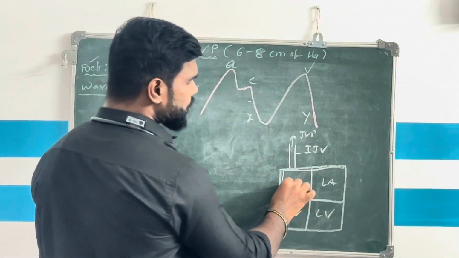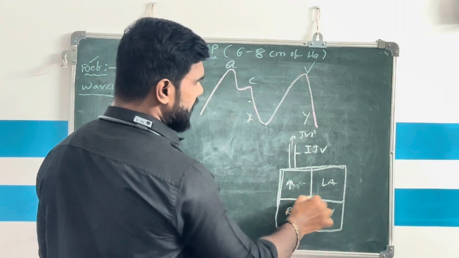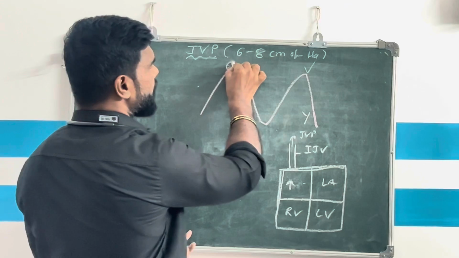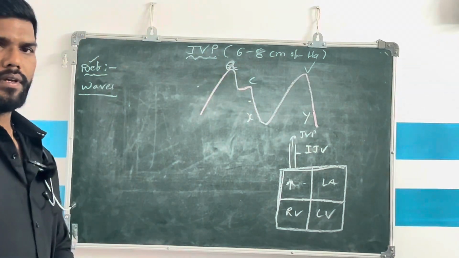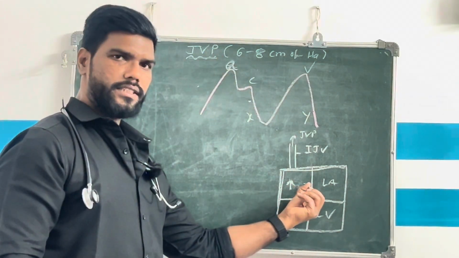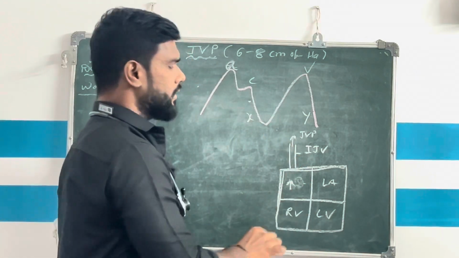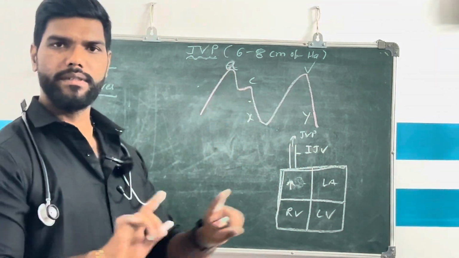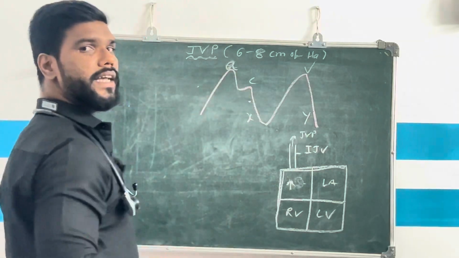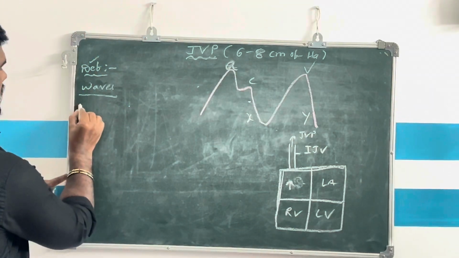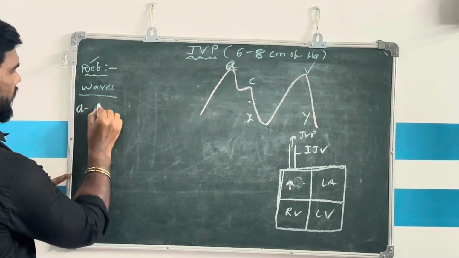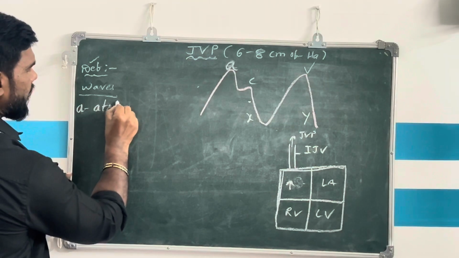This increased jugular venous pressure during the atrial systole is indicated by the A wave. During the atrial contraction, the pressure is increased in the right atria, which is indicated by the A wave. Simple. A means atrial contraction.